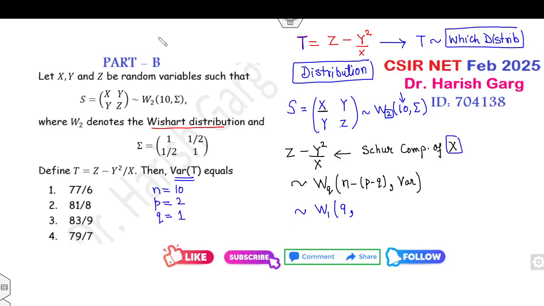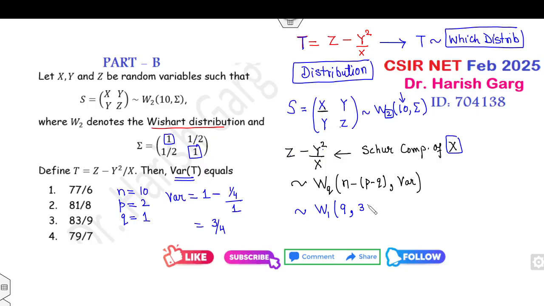How can you find the variance? Now I can tell you what the variance is. The variance is the same way. What is the variance of Z? 1 minus variance of the X square, 1 over 4, over variance of the X, 1. So that will be 3 over 4. Fine.